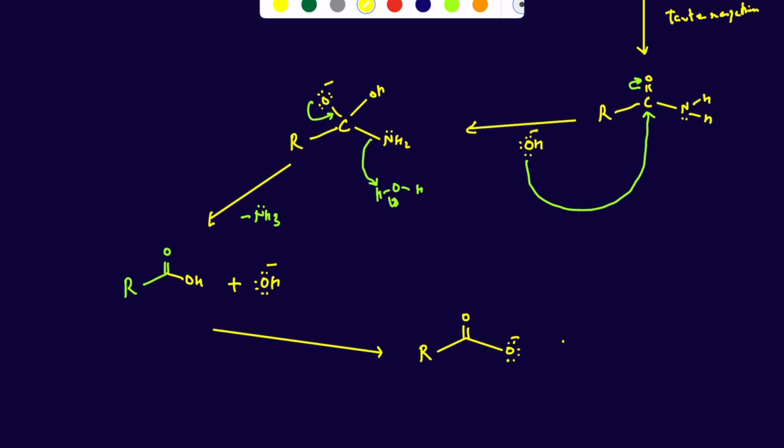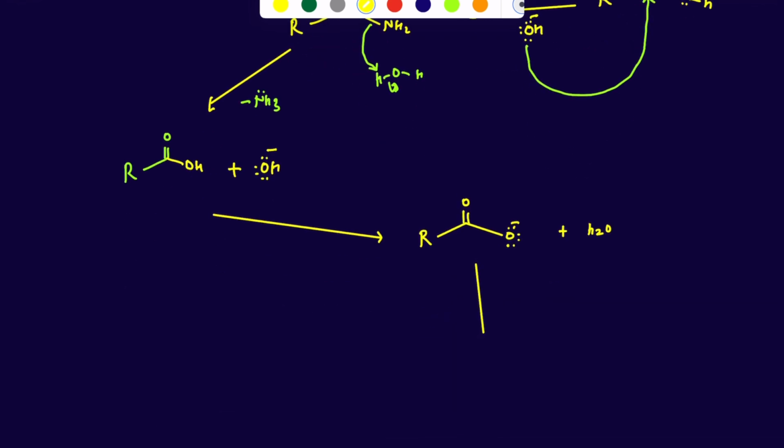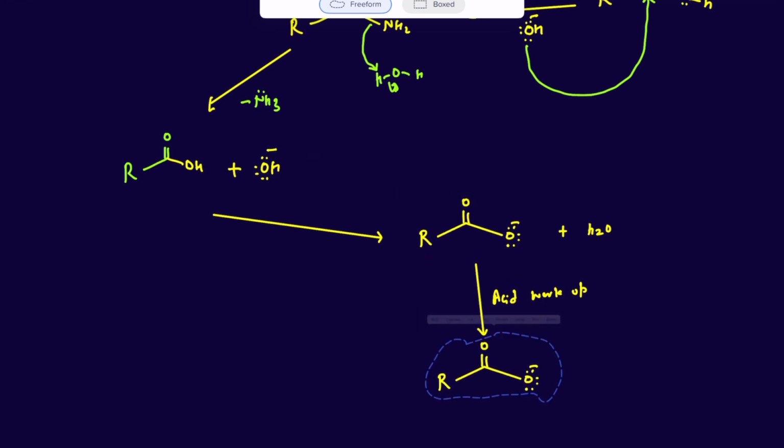But you can certainly have an acid workup. The acid workup is separate from the actual reaction, and it will make sure that you protonate this oxygen at the end of the day. So you don't want to be leaving this not protonated.